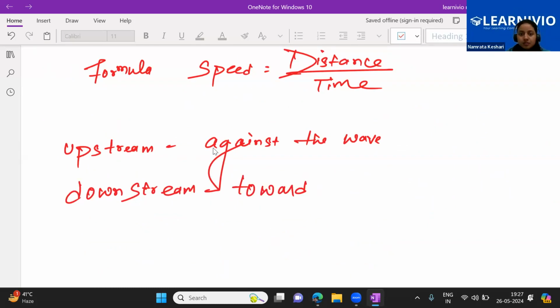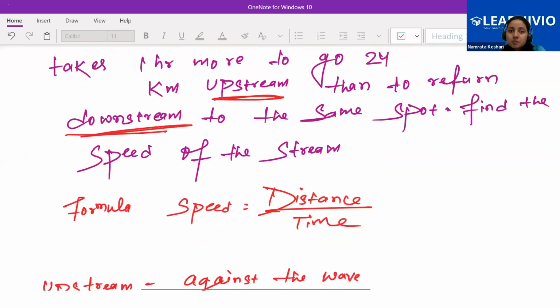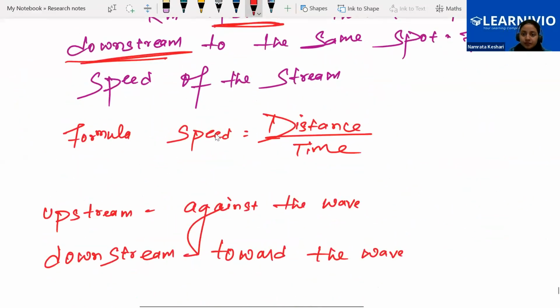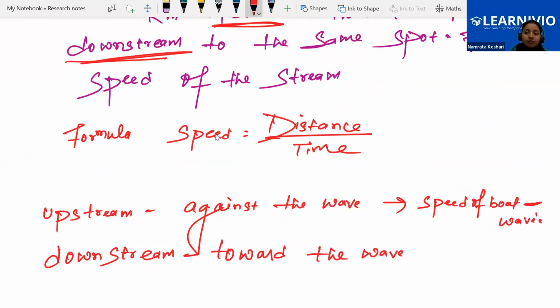When we are talking about the upstream case, then the speed of the boat minus the wave's speed will be there.